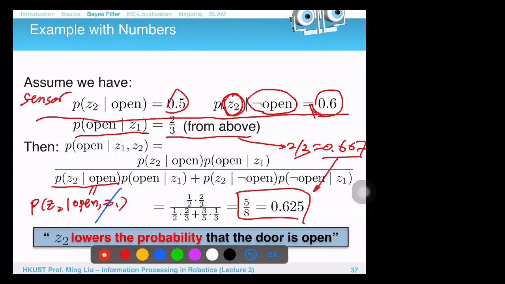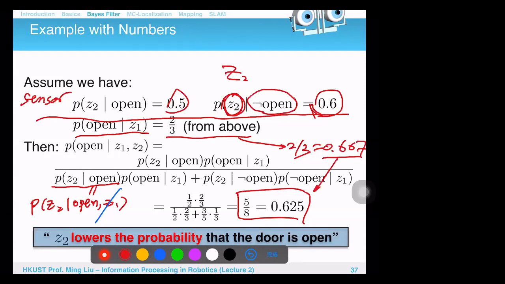Then the second sensor, Z2, in this case, is not an open door detector, it's a closed door detector. If you see that Z2, that means the door has more chances to be closed. Z1 is more like an open door detector.